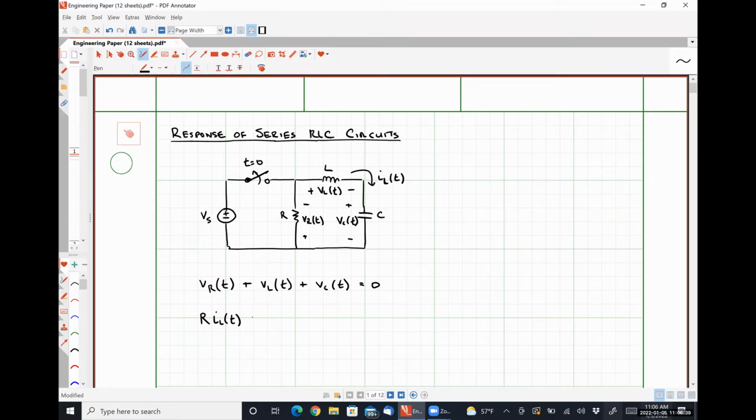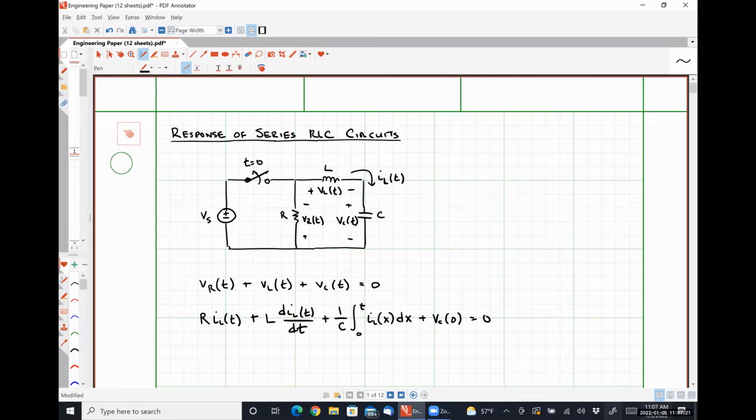The voltage drop over our inductor will be L di/dt, and the voltage drop over our capacitor will be 1 over C, the integral from 0 to t of IL of x dx, where x is simply a dummy variable for time, plus VC at 0, which is our initial condition on the system, equal to 0.